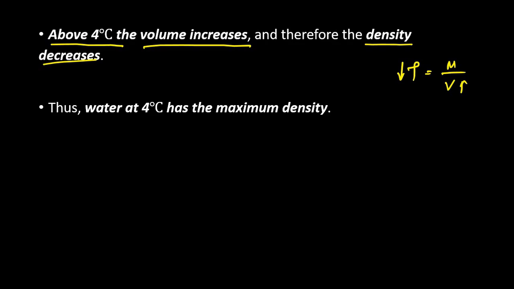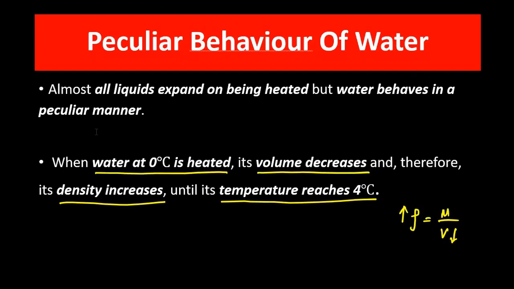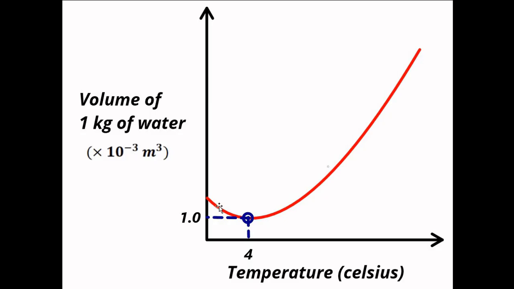Okay, so this is the special peculiar behavior of water. When water is heated from 0 degrees Celsius until it reaches 4 degrees Celsius, its volume decreases, which is opposite. Its volume should increase on being heated, but from 0 to 4 degrees Celsius, its volume decreases, as it is shown by this plot.